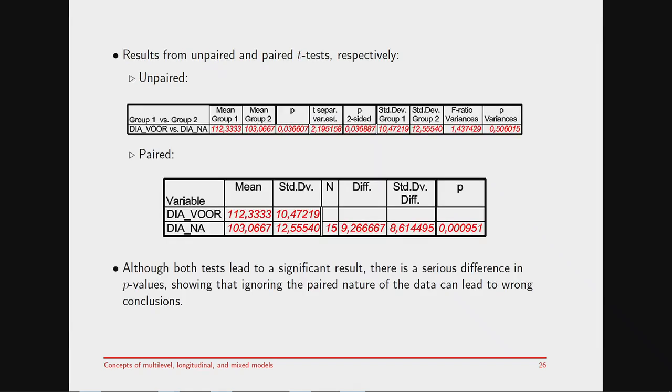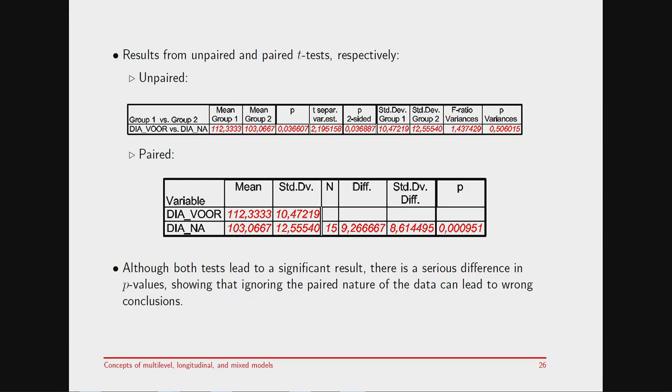And then here is the result. The variances before and afterwards are not significantly different from each other, so I can do a two-sample t-test, and the p-value would be 0.036. Strictly speaking, it's still significant on the 5% level of significance.